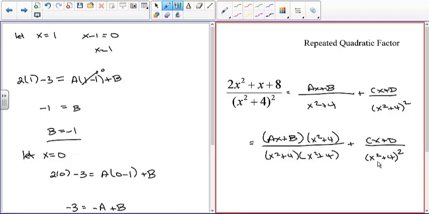Okay, so again, now that we've done this part, we multiplied by 1, so we haven't changed the value of this rational expression, but we now have the same denominator.